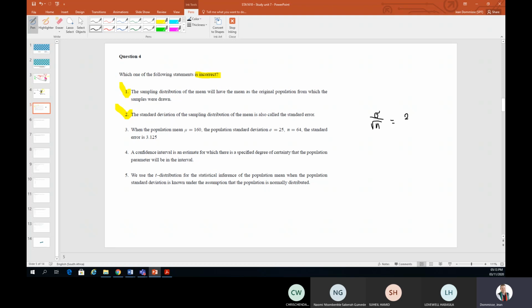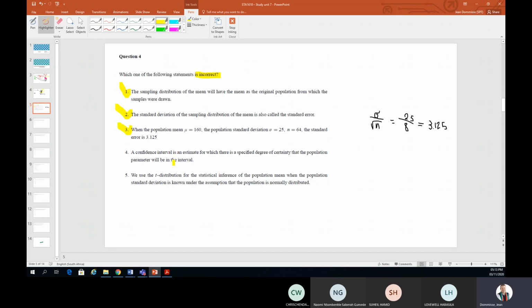So 25 divided by 8, I need a calculator for that. 25 divided by 8 is 3.125. Okay, so that one is also correct.